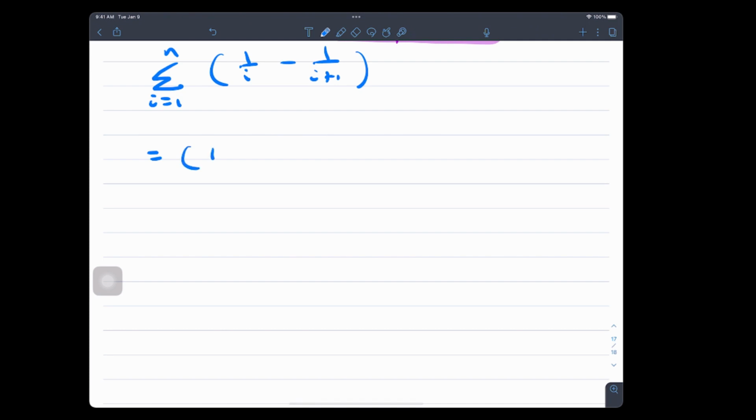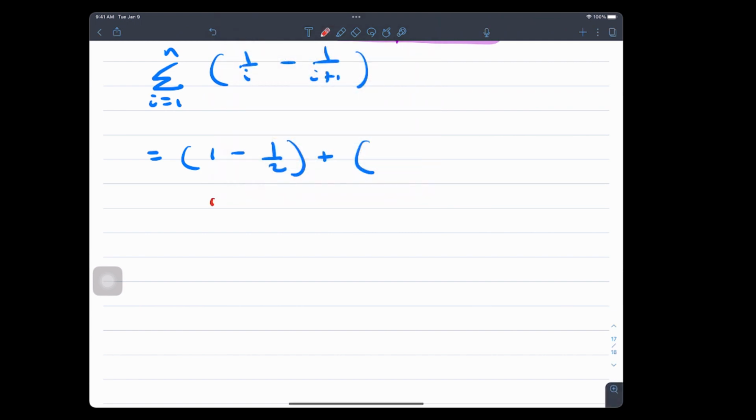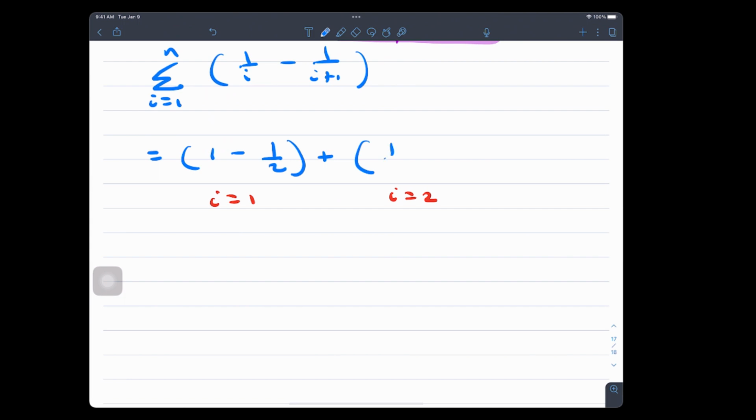This is 1 minus 1/2, plus, with i being 1. Now I'm going to plug in i being 2. What does that give me? 1/2 minus 1/3.